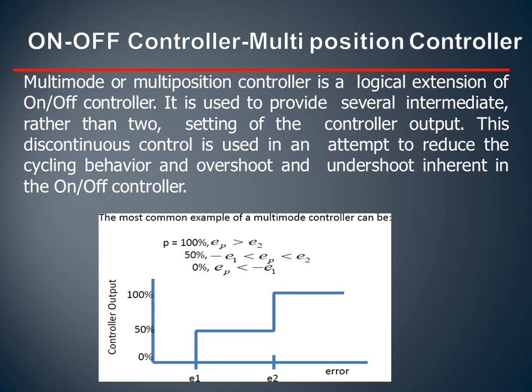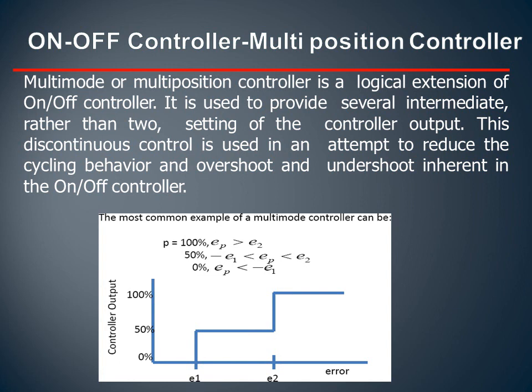First is E1, then E2, and E is the error. You can see controller output P is equal to 100% when E is greater than E2.